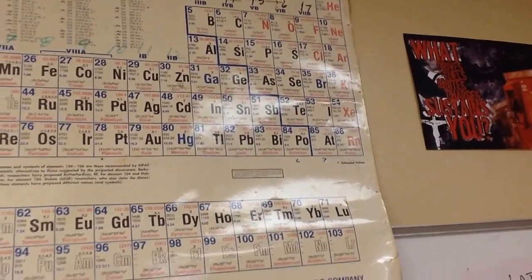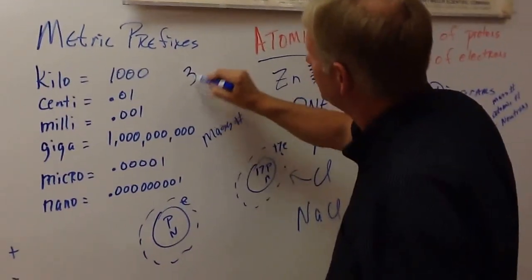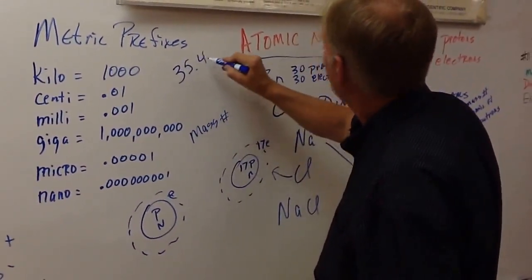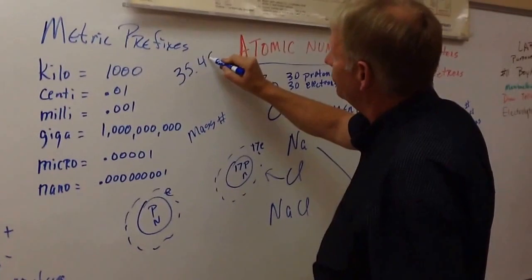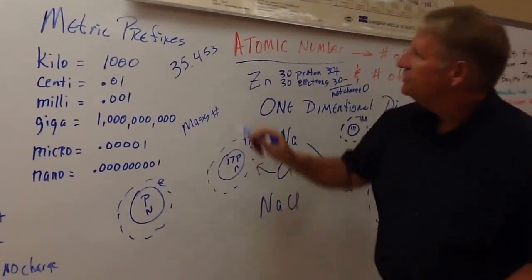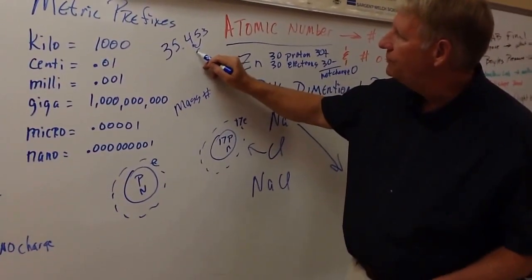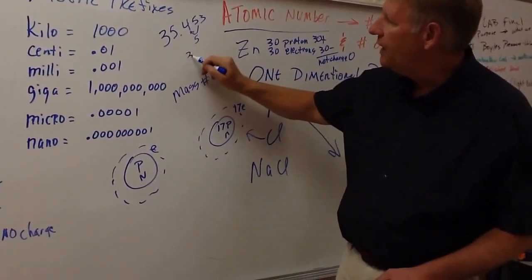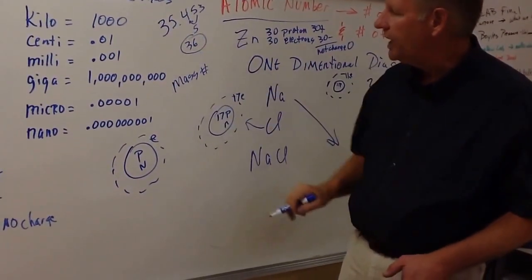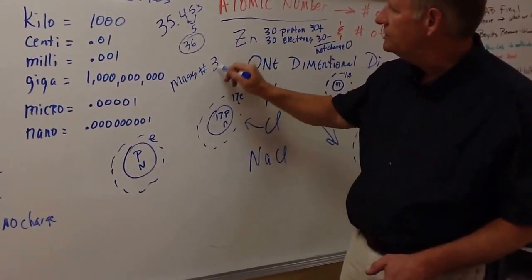I'll use this as a good example because this is kind of a tricky one. This 5 rounds that 4 up to a 5, which rounds this whole thing up to a 36. So the mass number of chlorine is 36.